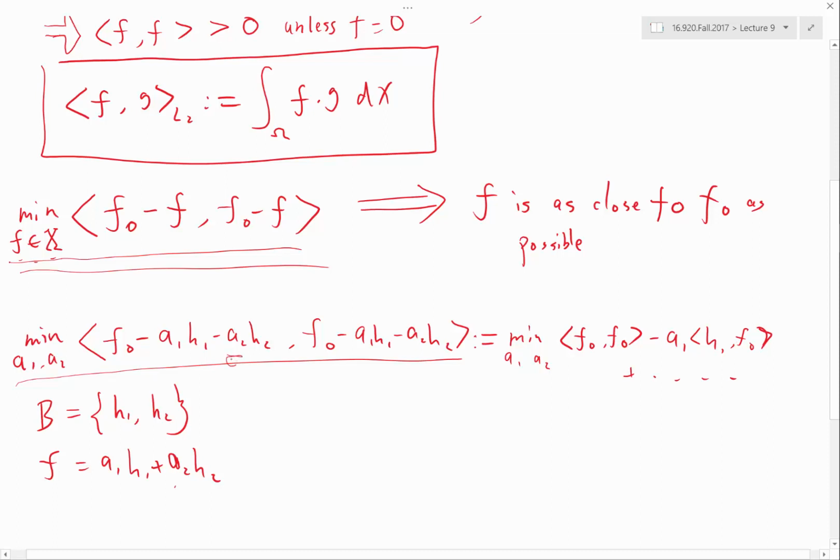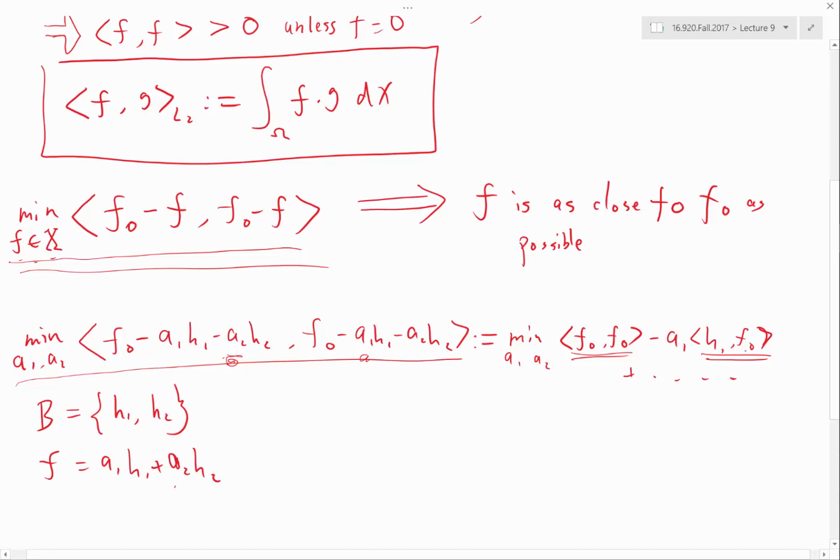The quadratic terms would have a2 times a1 and a2 times a2, etc. So what I'm saying is that if we can compute all of these inner products, then the minimization problem becomes a minimization over a quadratic function, which I believe we should all know how to solve, right?